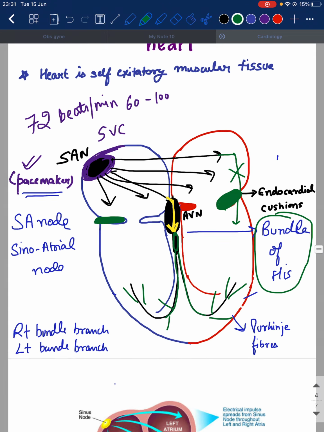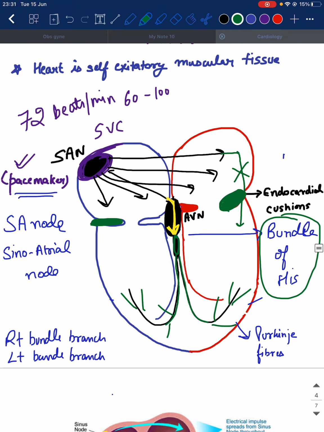So again, we have the SA node generating the impulses. It goes into the right and left atrium, into the AV node, into the bundle of His, then the right bundle branch and left bundle branch, and to the Purkinje fibers. So this is how it happens.